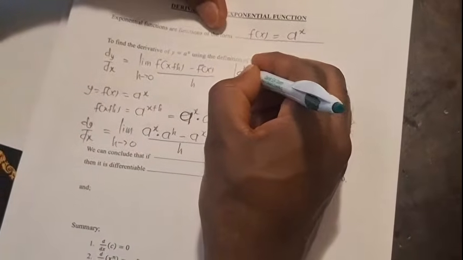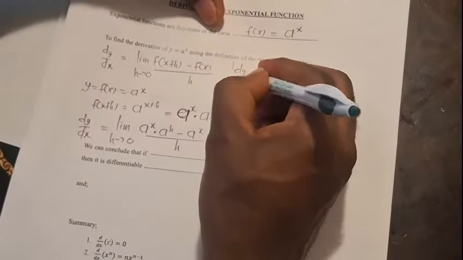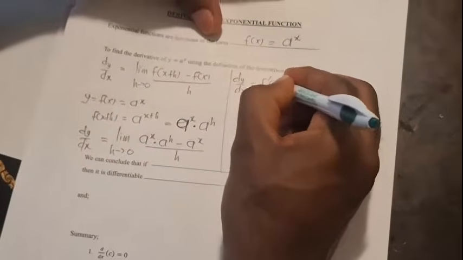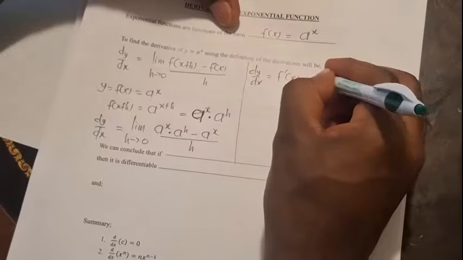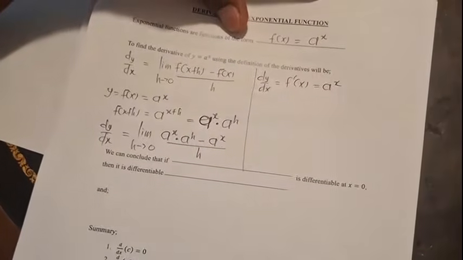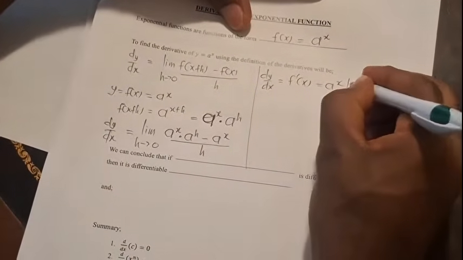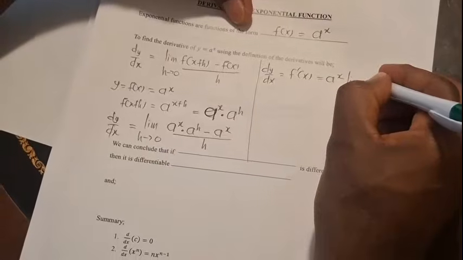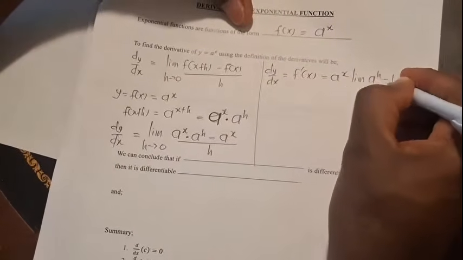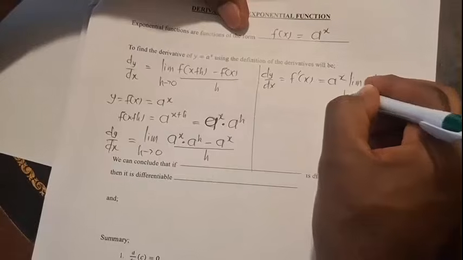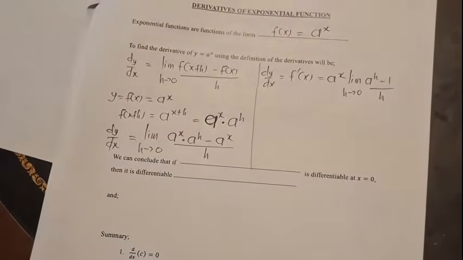So we say that dy over dx, or f prime of x, is equal to a exponent x, the limit of a exponent h minus 1 over h as h approaches 0.